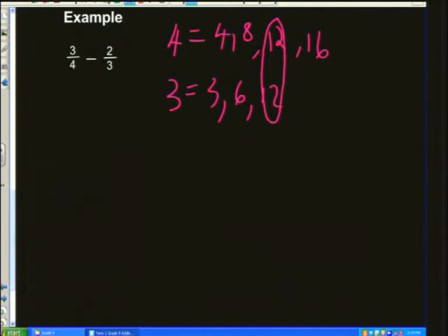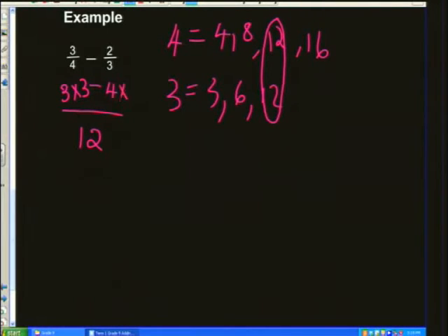Now I'm taking 12. So I'll be saying, 4 goes how many times into 12? It goes 3 times. Then I multiply 3 with my numerator, which is 3, and put the sign there, which is minus. 3 into 12 goes 4 times.